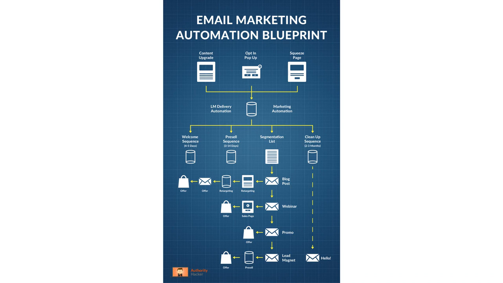So the first thing that we do is, if you look on the left of the graph, you will see that there is a welcome sequence, and the welcome sequence takes your brand new subscribers and walks them through what you're all about and sends them some of your best content. So that's where we find the element of the old soft autoresponder, where we send some content all the time, except we're not doing it forever.